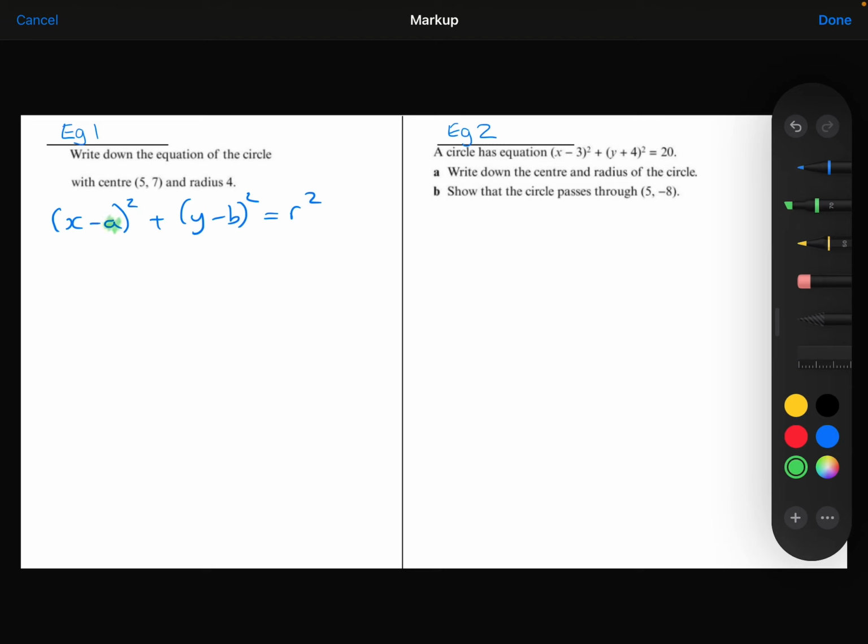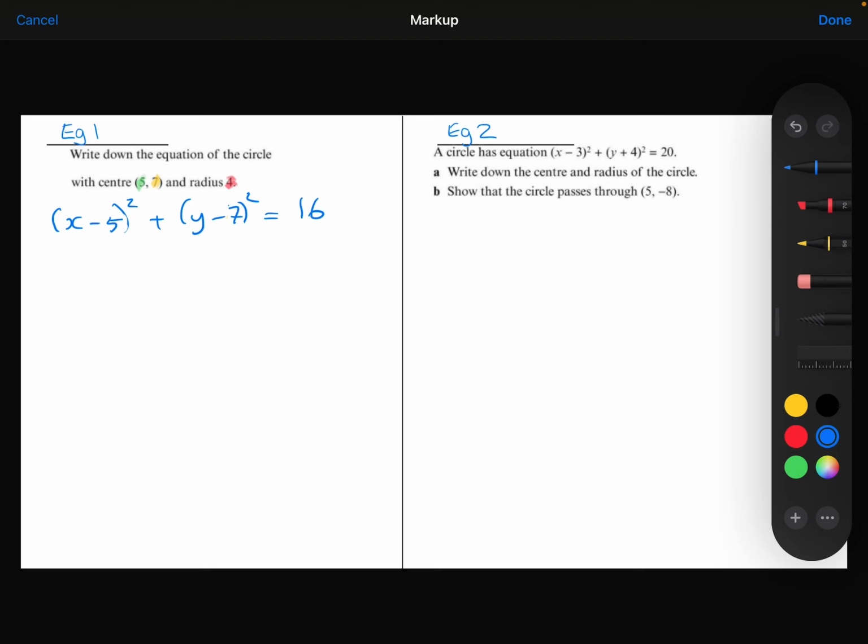So in this case, a is 5, b is 7, and the radius is 4. So putting those in the right place then, and 4 squared is 16. And that's it, that's the equation of that circle.